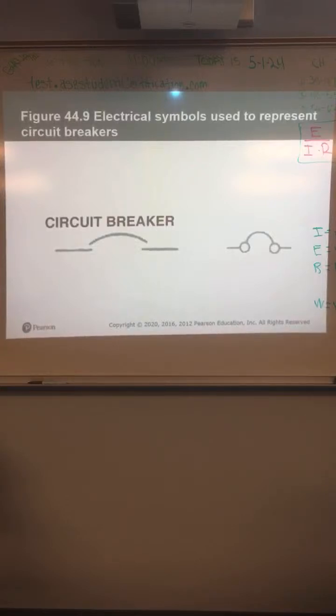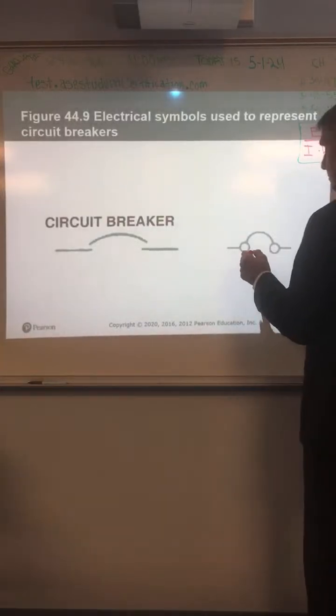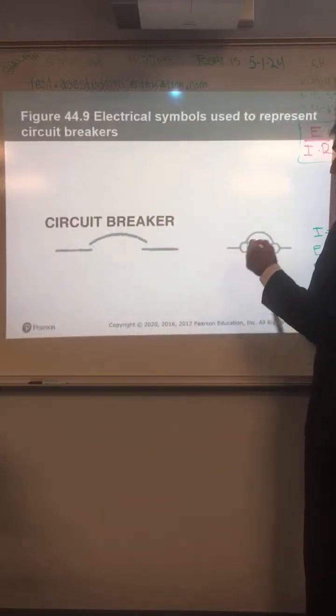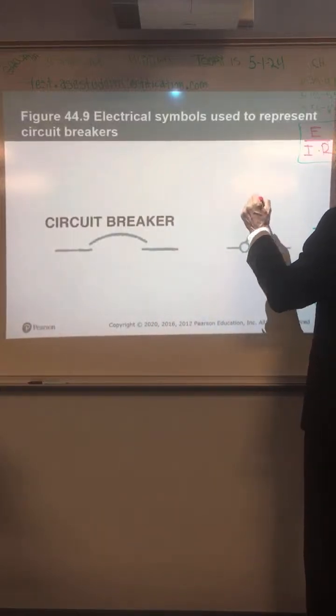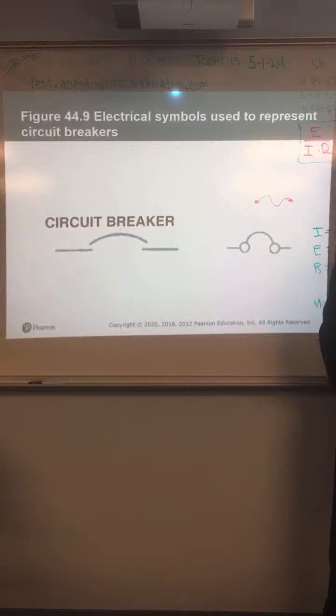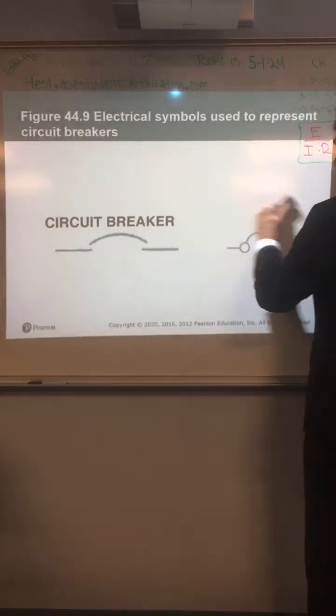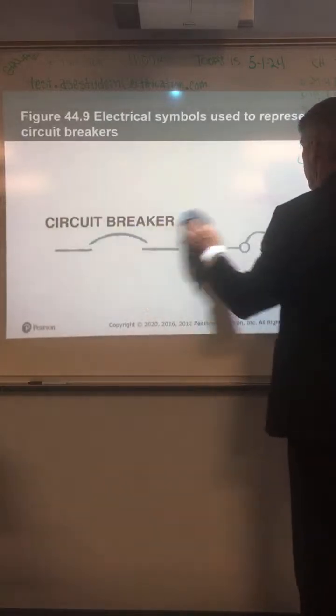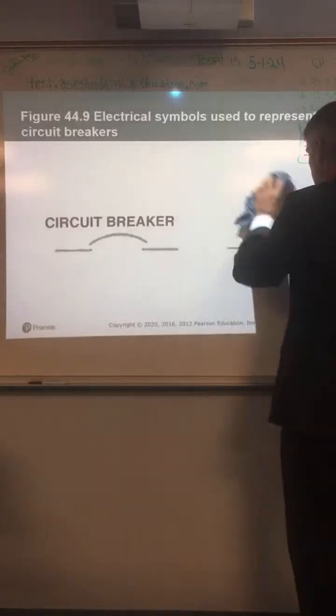That one looks like an upside down smiley face. A fuse, we've seen before, is just going to look like this. A circuit breaker is going to look like that. I think this is going to be the most common one, as far as what you're going to see in the schematic.